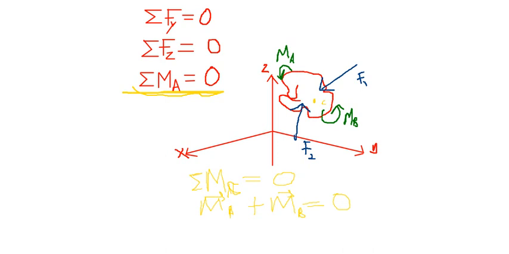Do you understand, guys? And the vector sum of all the forces acting on this body should equal 0, meaning F1 plus F2, their vector sum, should equal 0.